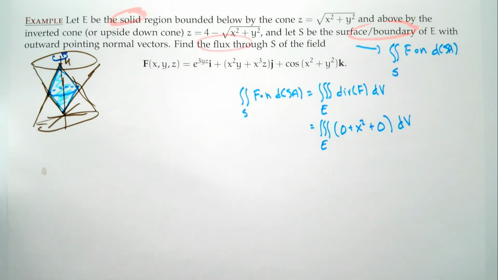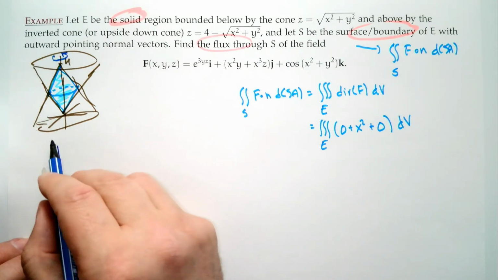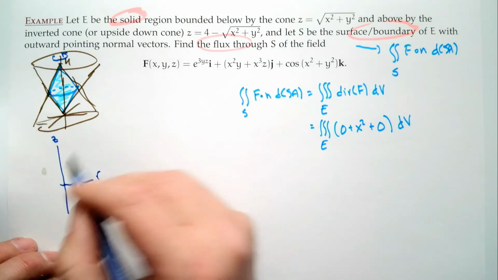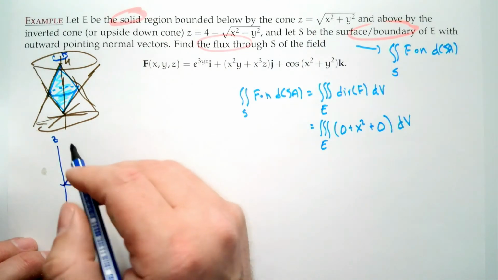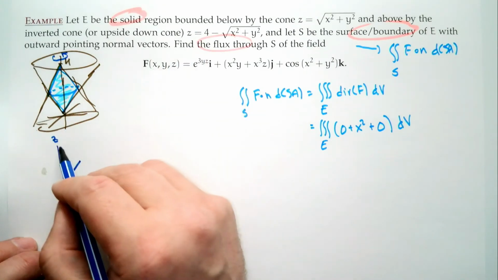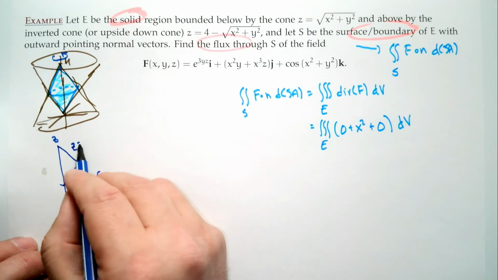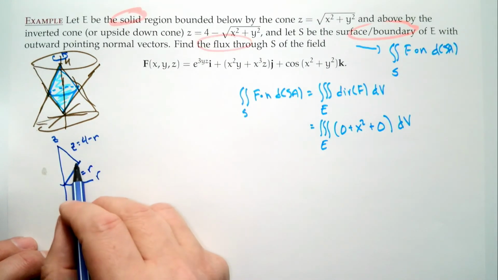If I see a sphere, I say, let me see what sphere it is. I might want to do spherical. Now, looking at the slice here in our zr plane, what we'll see is this becomes z equals r, and then this becomes z equals 4 minus r. So if I have z equals 4 minus r, z equals r, where do they intersect?